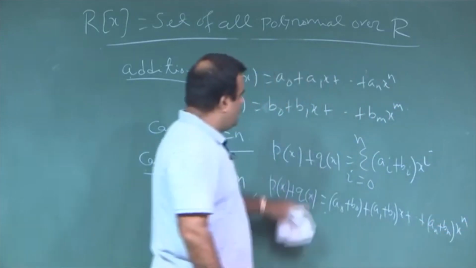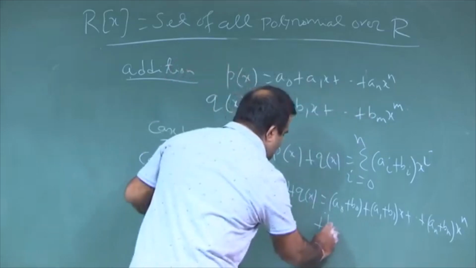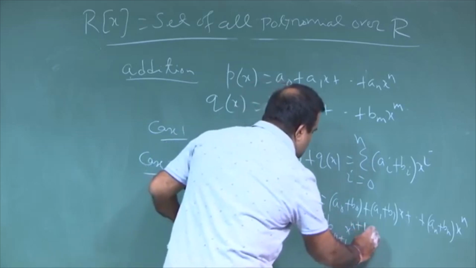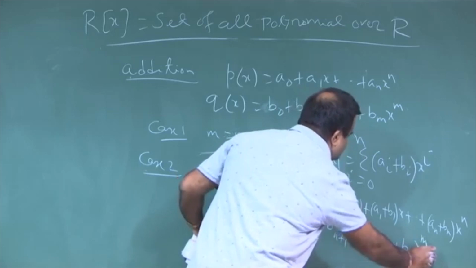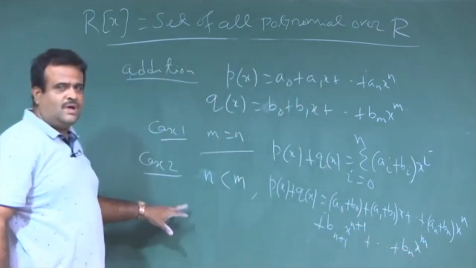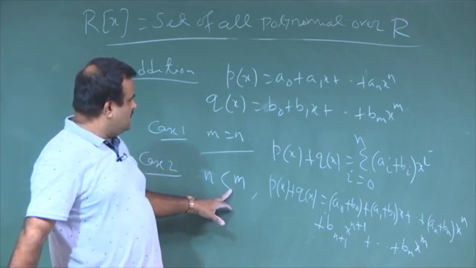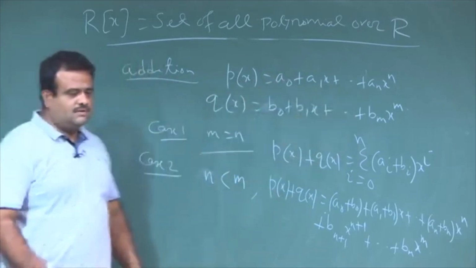After that we do not have terms in a, so we have only b terms: b n plus 1 x to the power n plus 1, dot dot dot b m x to the power m. Similarly we can define the case when m is greater than n. The idea is just to add the corresponding coefficients. So, this is the addition.